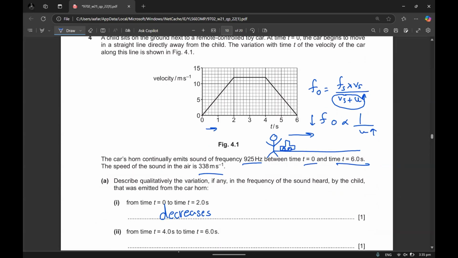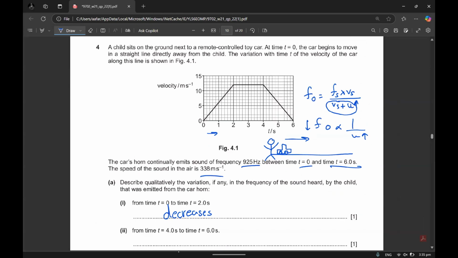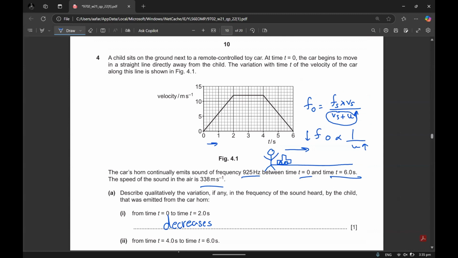From time t equals 4 seconds to t equals 6 seconds, again it's the same relation because the car is still going away, but with deceleration. So the speed of the car is decreasing. That means that the observed frequency will increase.